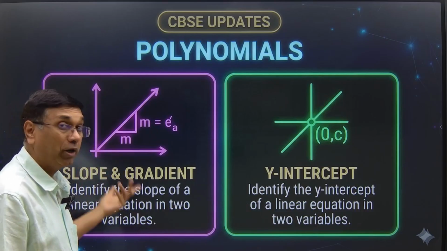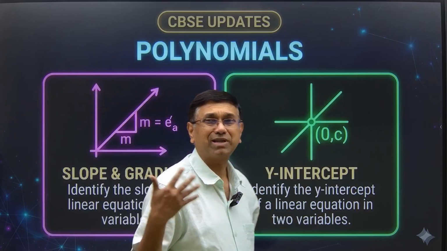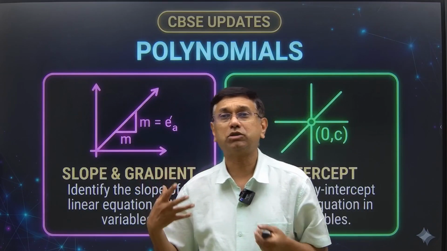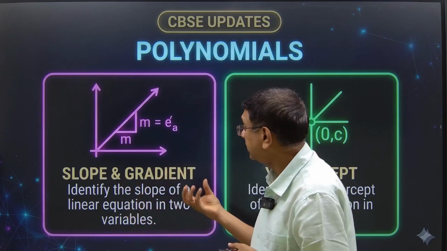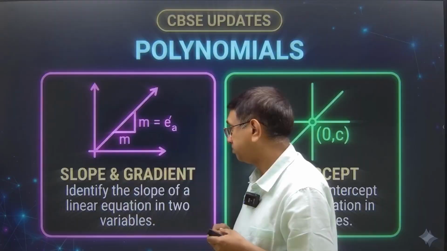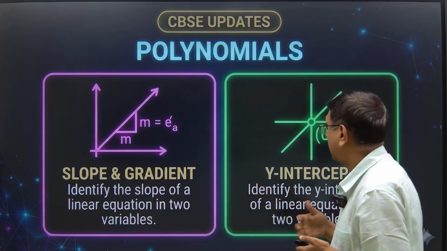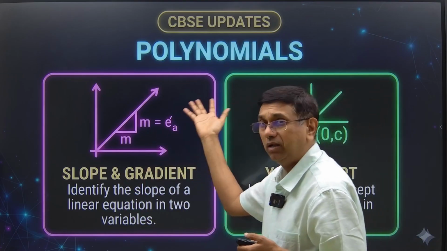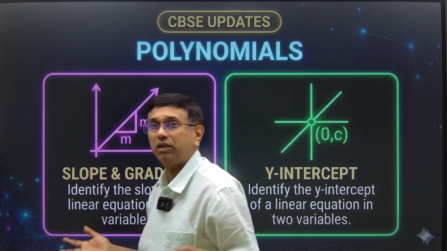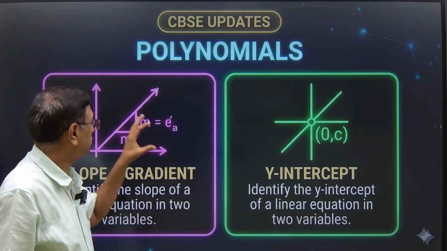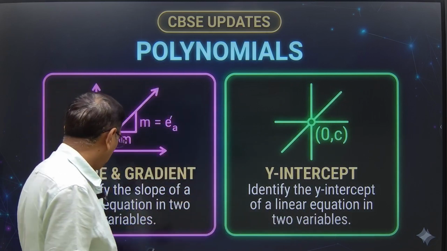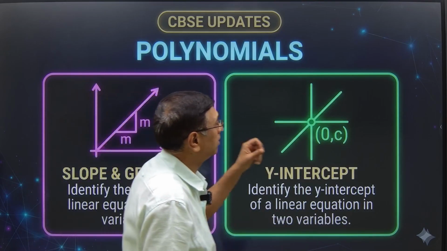Then you have polynomials. Now polynomials you start studying right from 7th and all. Some additions which they have done, they have introduced the concept of slope. When you draw any line in a polynomial, the figure, you'll have two concepts. One is the slope and one is basically the intercept.